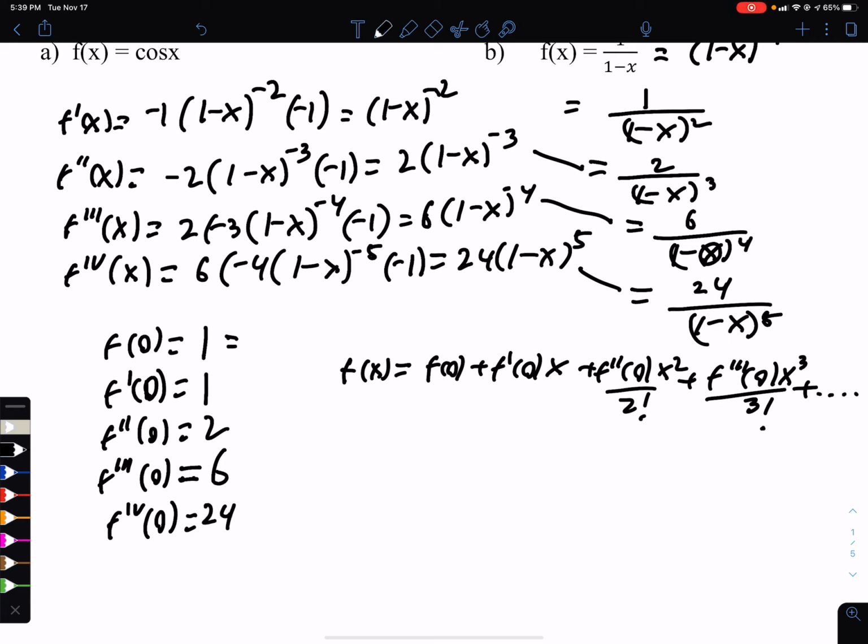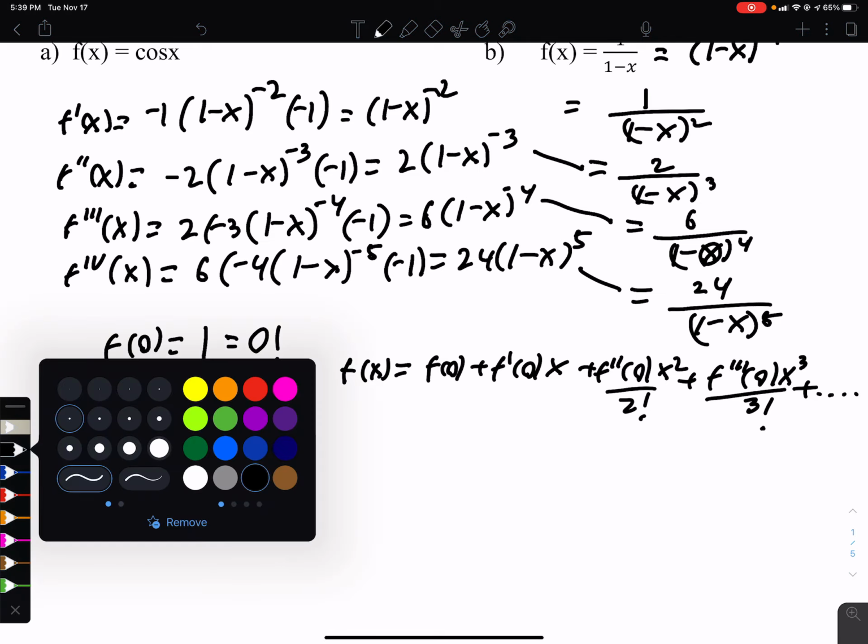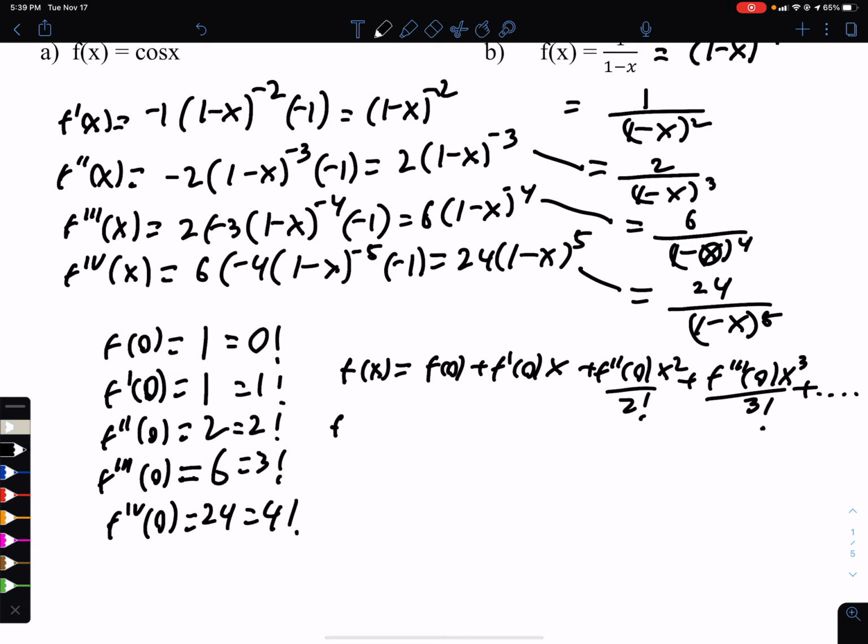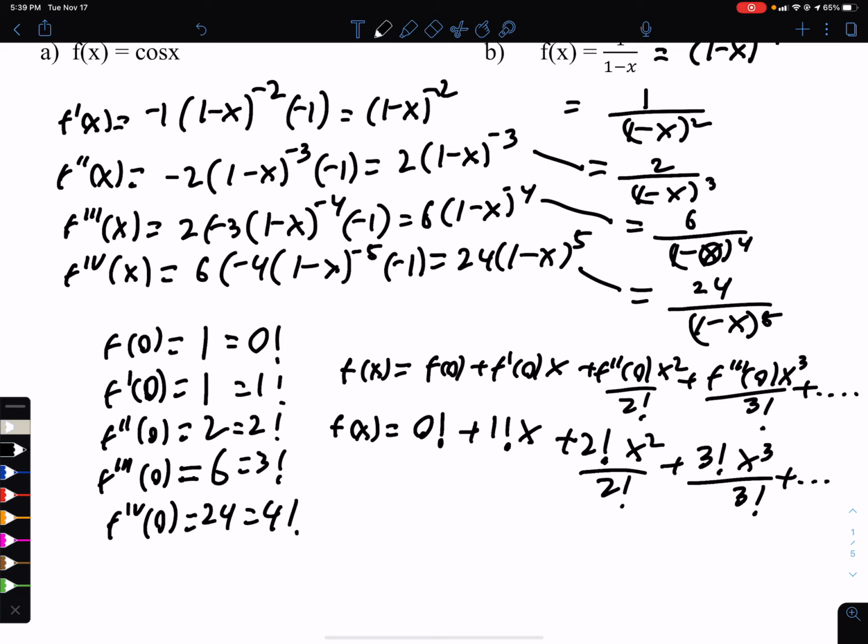But you should notice this is 0 factorial, 1 factorial, 2 factorial, 3 factorial, 4 factorial. So as we write this into our formula for the Maclaurin, that's going to be 0 factorial, which is 1, plus 1 factorial x, plus 2 factorial x squared over 2 factorial, plus 3 factorial x cubed over 3 factorial, plus dot, dot, dot.